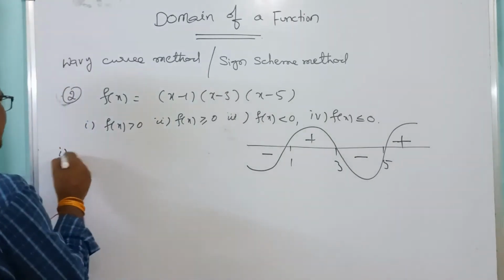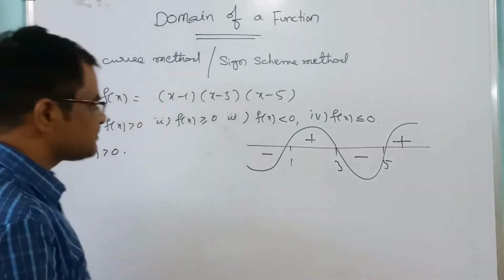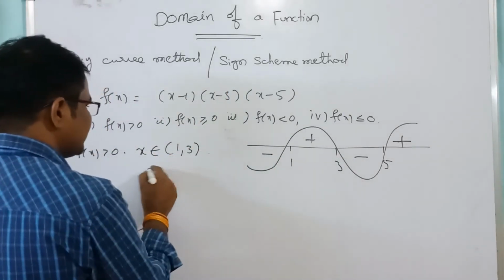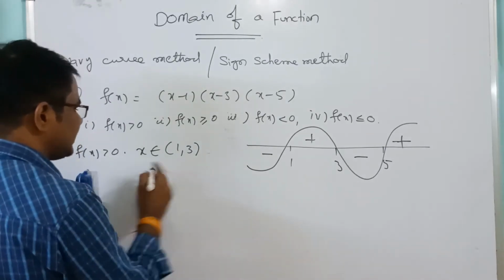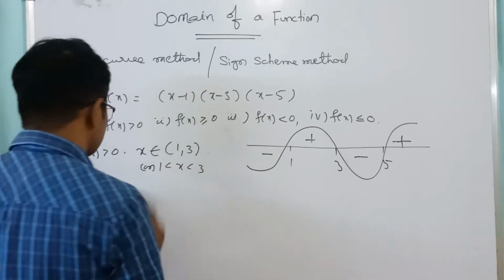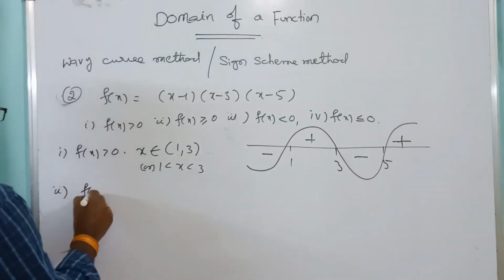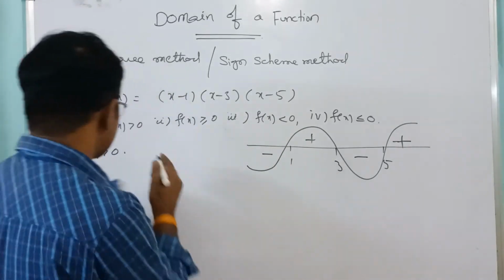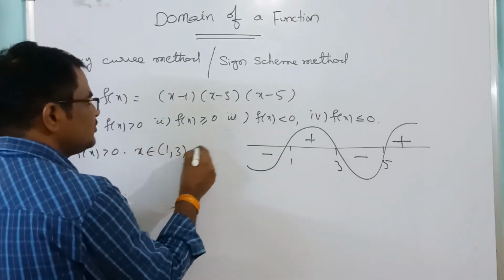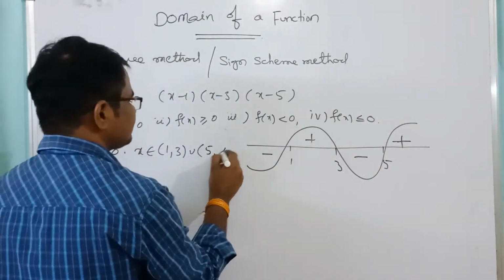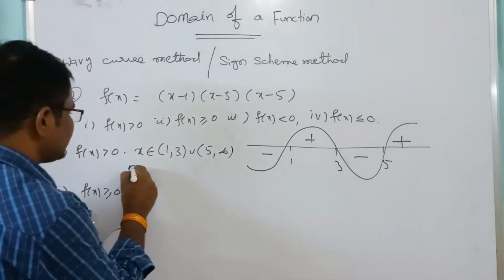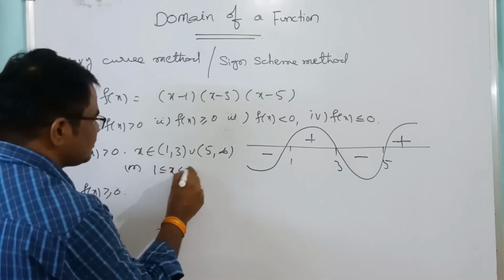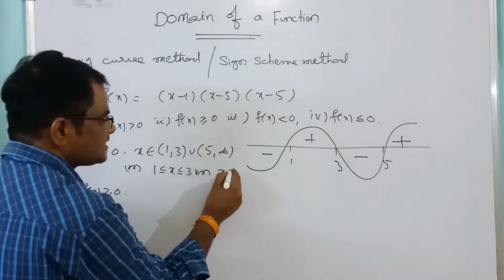Now the first one, f of x greater than 0, when it is positive: x belongs to the interval 1 to 3, or you can write 1 less than x less than 3, both are the same. Next, f of x greater than or equal to 0: positive also there, so x belongs to 1 to 3 union 5 to infinity, or you can write 1 less than or equal to x less than or equal to 3, or x greater than or equal to 5.